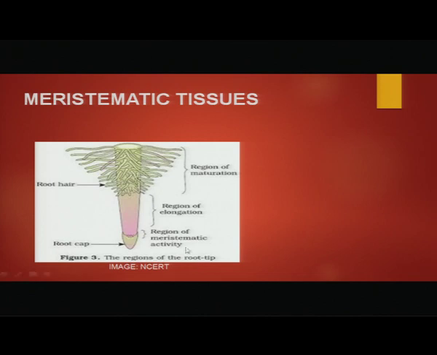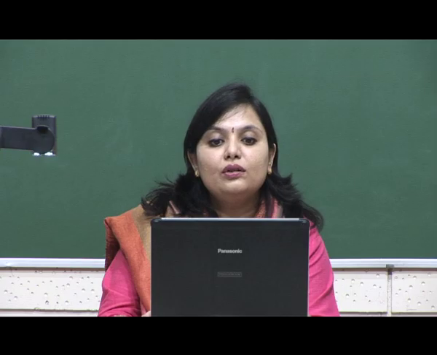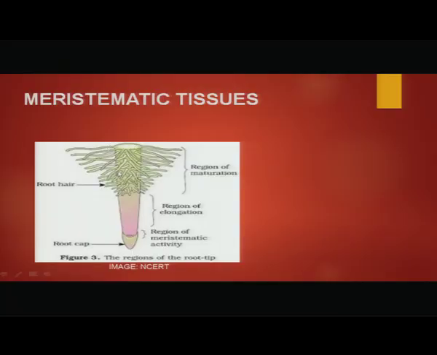So, they just chop off a lot of new cells all through the time, and when these new cells enter the system, they first get elongated and later they get mature, that is they are assigned their specific function and structure accordingly.